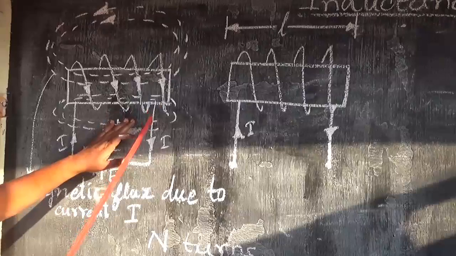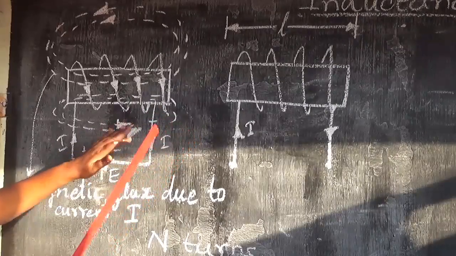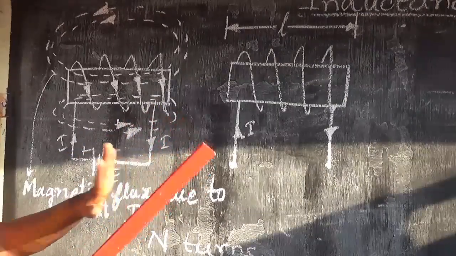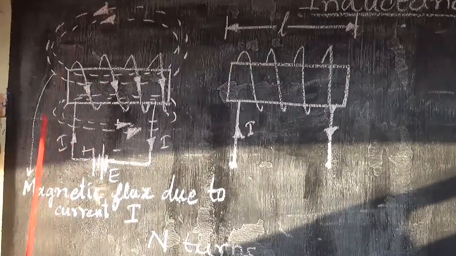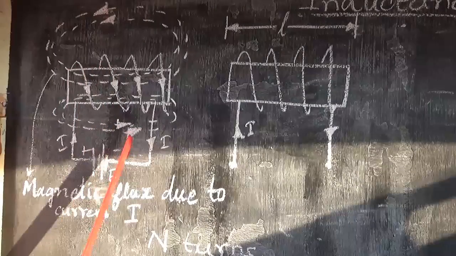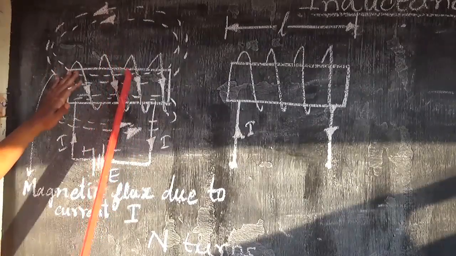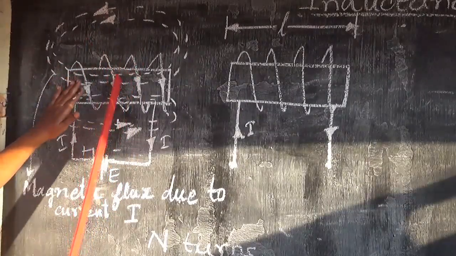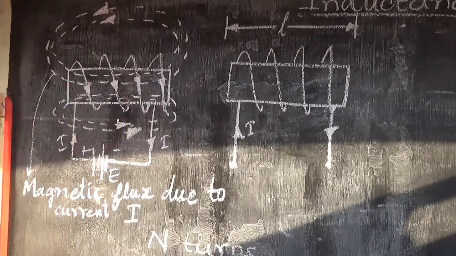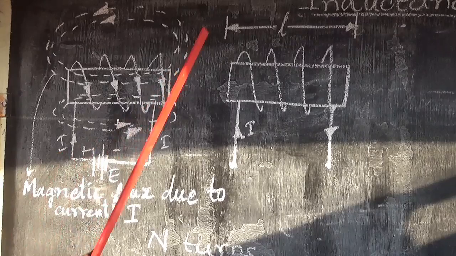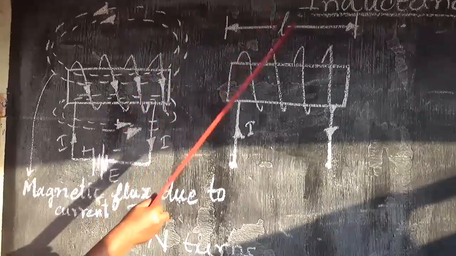What have we learnt about the flux? Flux is nothing but magnetic lines of force. So this current flowing through the conductor will produce some magnetic field, which produces some flux that will link with the coil. Here we consider it as a self-inductance.